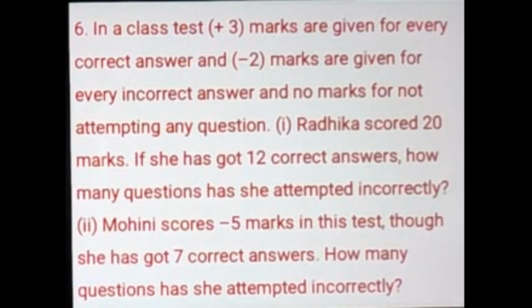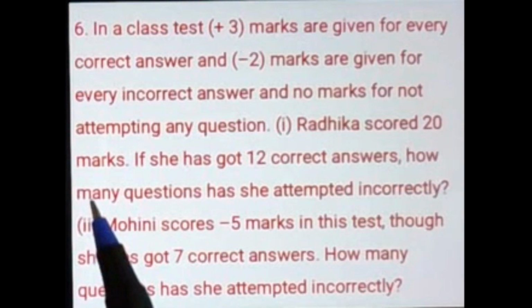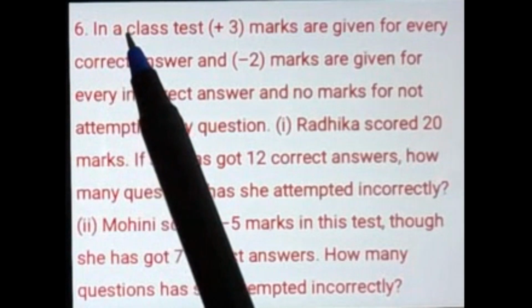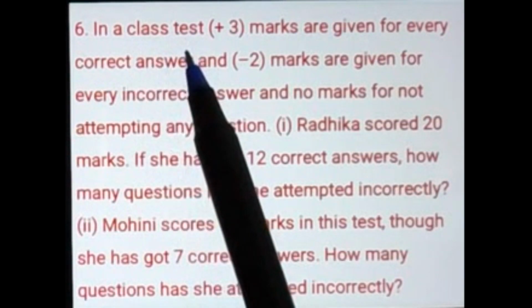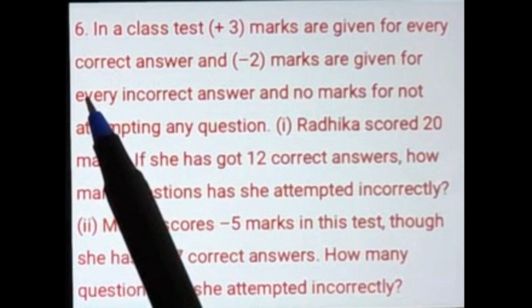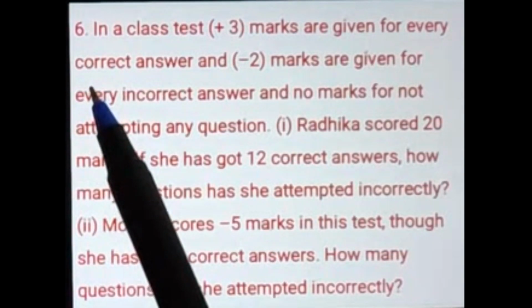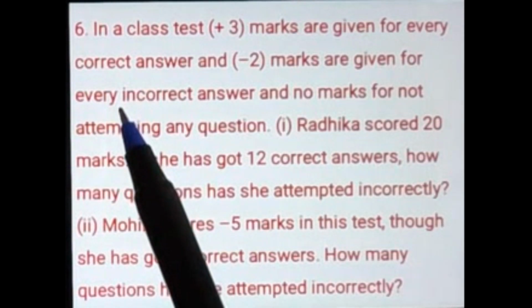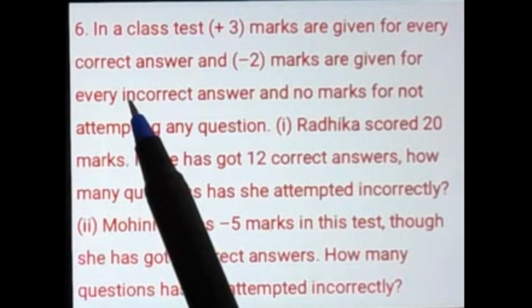So student, this is question number 6 of exercise 1.4. Alright. So the question states that in a class test, this type of sum we have done in a previous class also. 2 to 3 sums we have solved, so it should be clear to you. Alright.